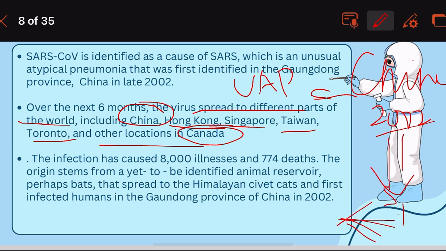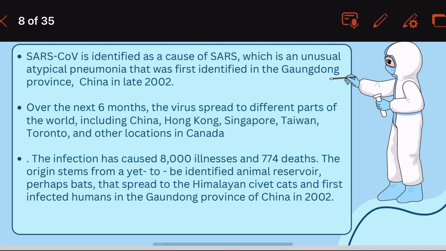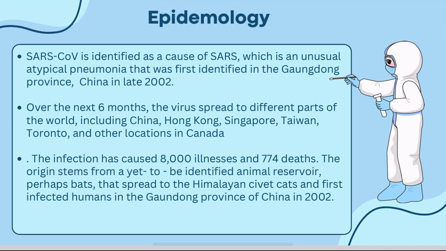The infection has caused 8,000 illnesses and 774 deaths have been reported because of the coronavirus.